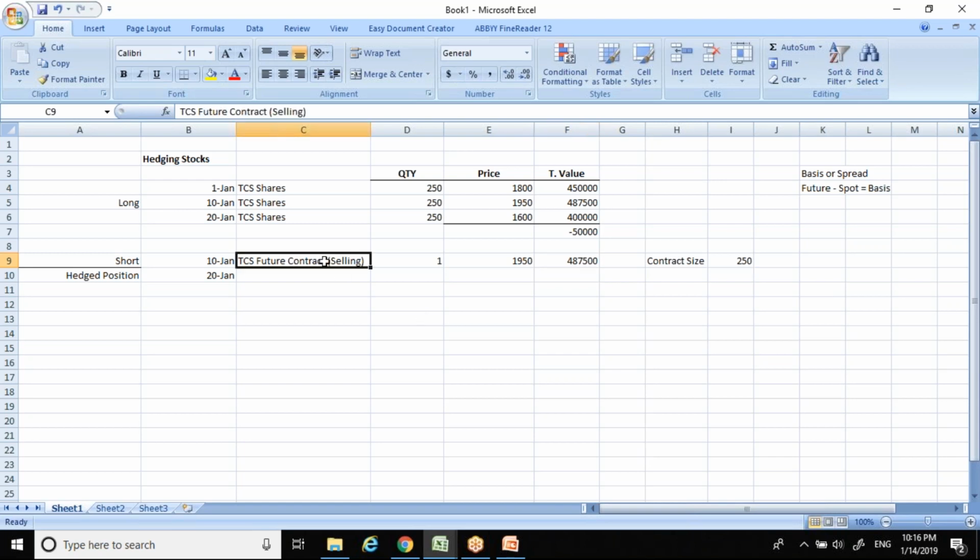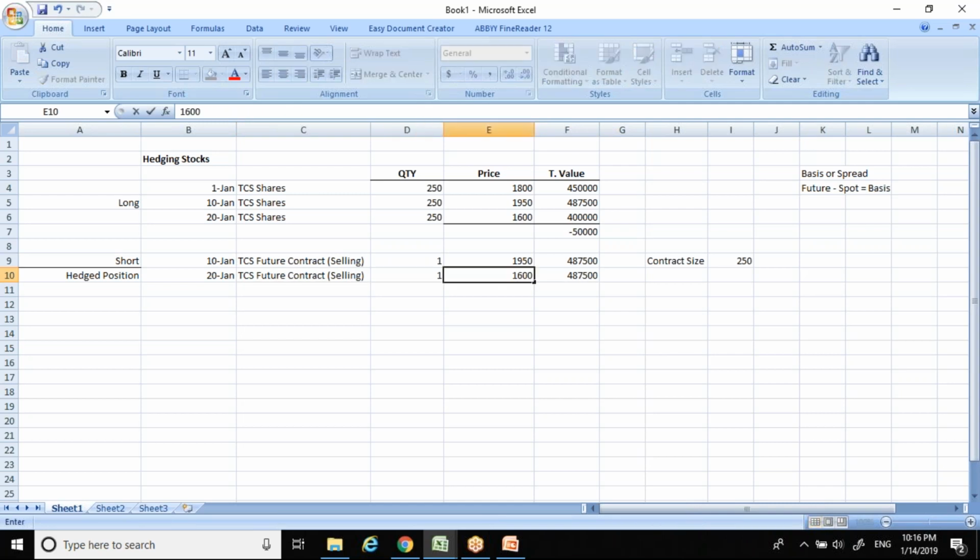Now, let's copy this, change the numbers. So your future contract will also be priced at 1600, right? So if the spot goes to 1600 on 20th January, that is shares, your future contract will also be at 1600. So something you sold here, you purchased here, I just put it here, long position.